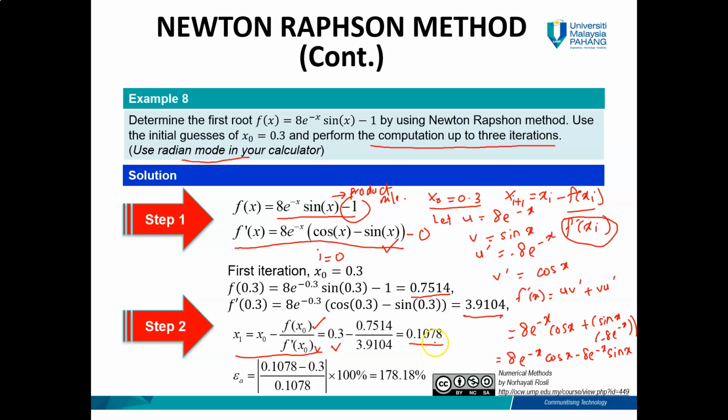Class, for the bracketing method, in the first iteration we are unable to compute epsilon A because we don't have a previous value. But for the open method, in the first iteration you are able to compute epsilon A because this x naught is not an interval.